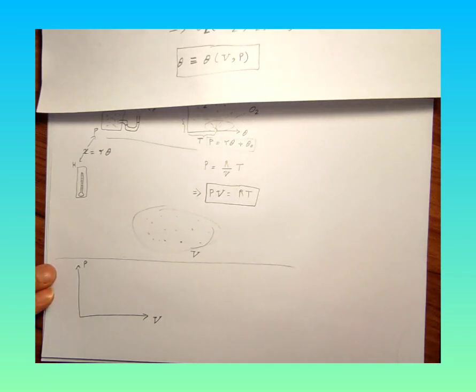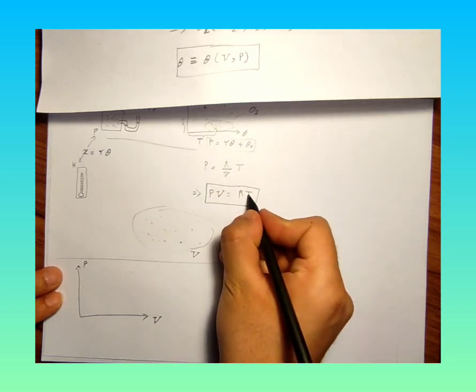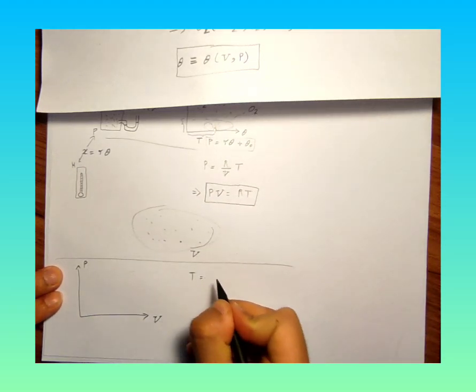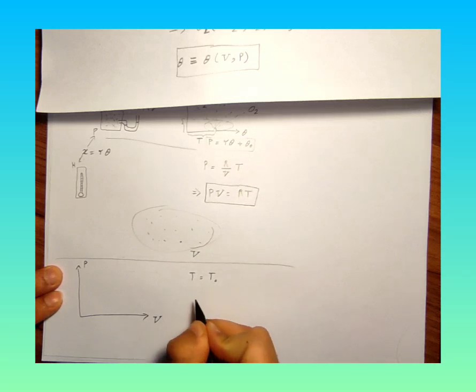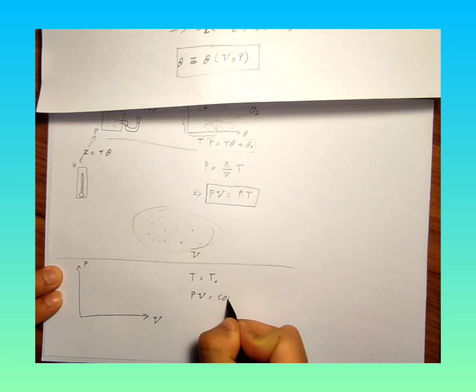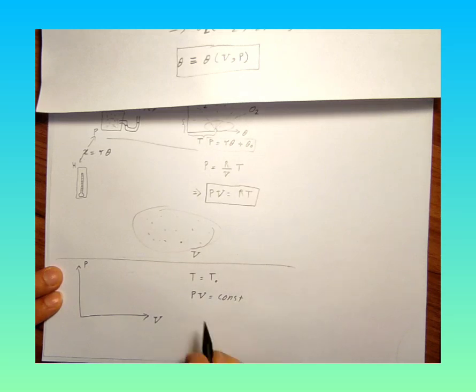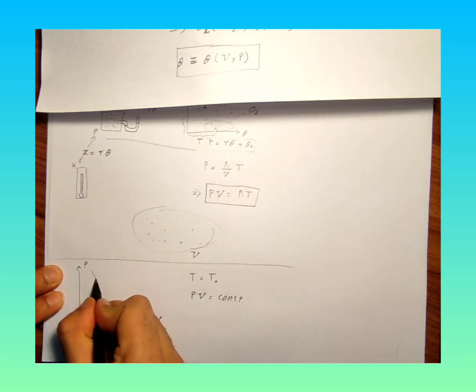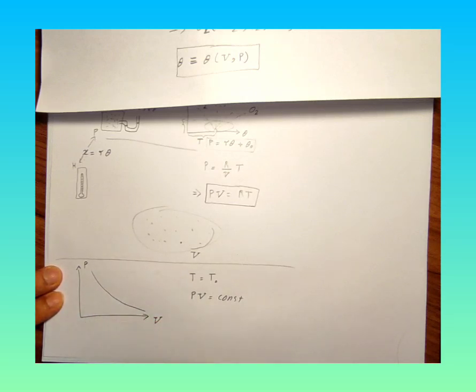In an isothermal process, T is constant. When T is constant, T equal T0, so PV equals constant. PV equals constant. If you want to draw it, plot it, this is a hyperbola.